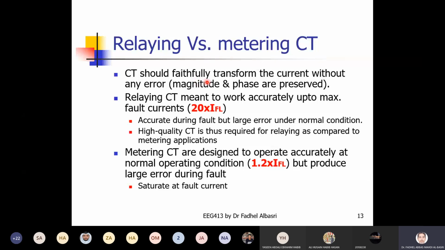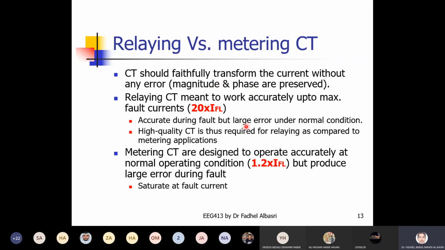It shouldn't alter its shape. If it is sinusoidal, the output has to be sinusoidal. It shouldn't alter its phase. Okay, so its phase and magnitude have to be preserved. The secondary signal has to faithfully represent the primary signal. You only change the magnitude ratio.